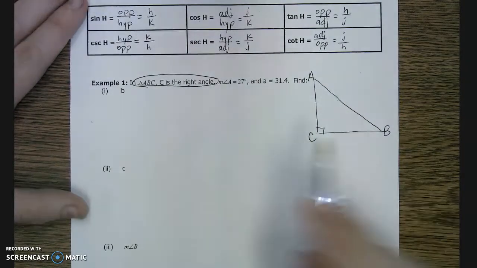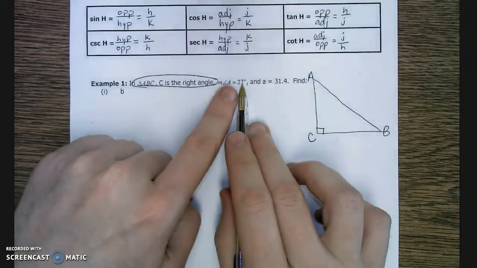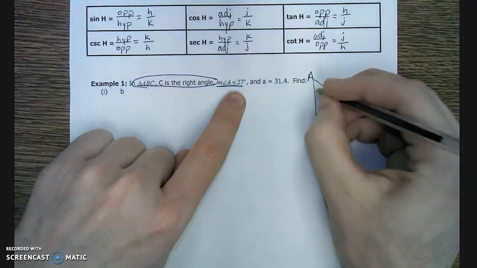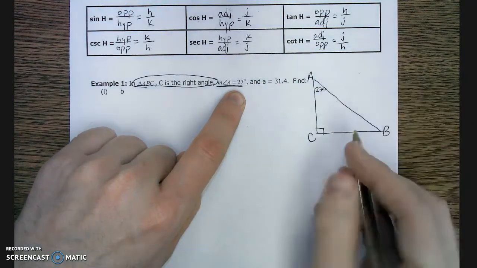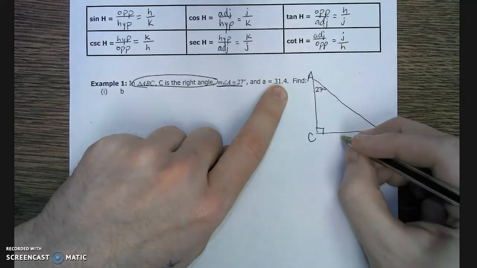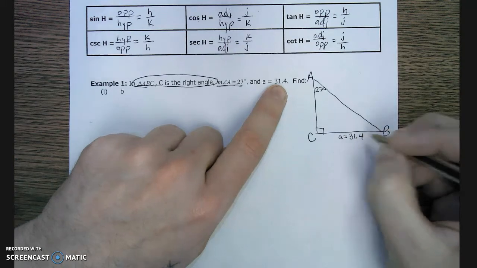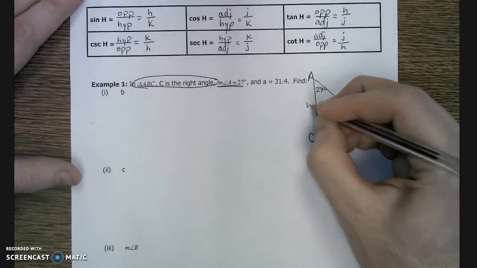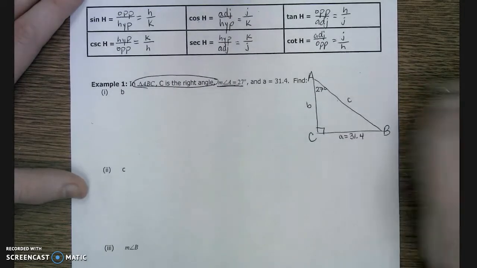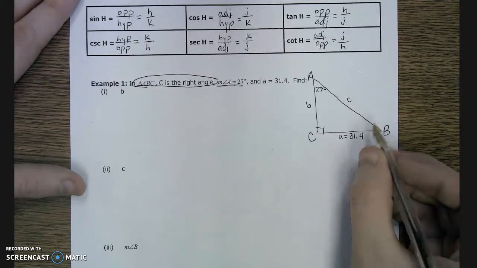Then angle A we label with 27 degrees, and side a is 31.4. Side a needs to be opposite of the angle. They want us to find side b, side c, which is the hypotenuse, and angle B, which is the only angle we don't know.